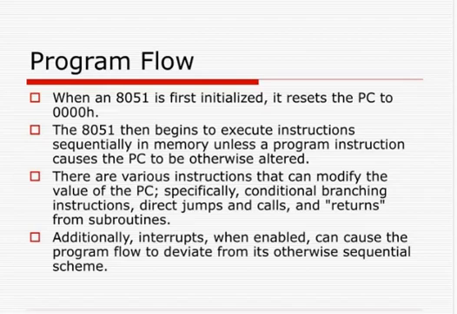Additionally, interrupts, when enabled, can cause the program flow to deviate. Otherwise the program is executed sequentially. It deviates only on a conditional branch, jump, call or return.